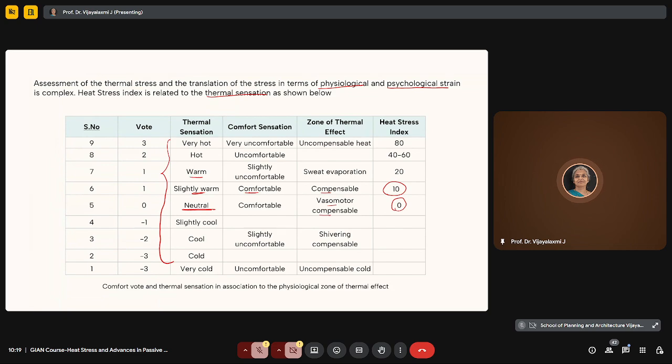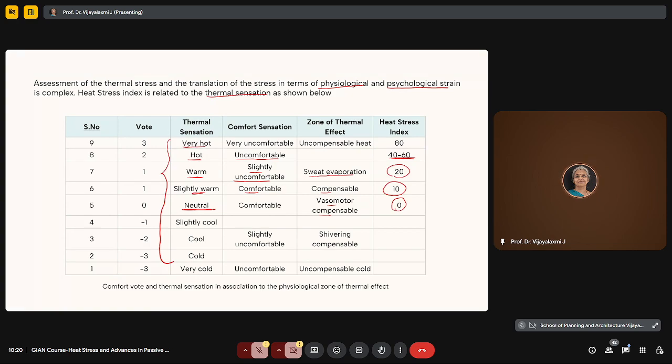When the thermal sensation is warm, I'm feeling warm and it's slightly uncomfortable for me now. The body tries the sweat evaporation method, and the heat stress is at 20. Then when someone says they feel hot, it becomes uncomfortable. It's very hot today, I feel very uncomfortable, and heat stress goes between 40 to 60.